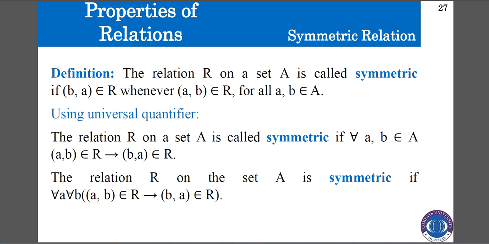Definition: a relation R on a set A is called symmetric if (b, a) belongs to R whenever (a, b) belongs to R, for all a, b belonging to A. Using the universal quantifier, the relation R on set A is called symmetric if for all a, for all b, the pair (a, b) belonging to R implies that the pair (b, a) also belongs to R. Then the relation is called symmetric.